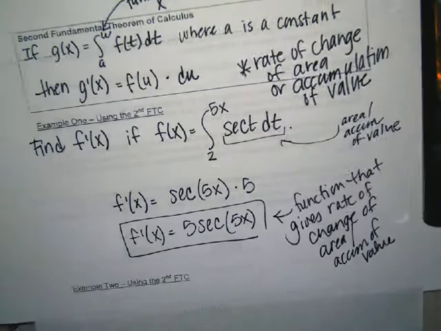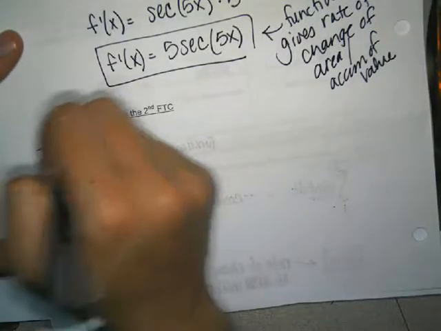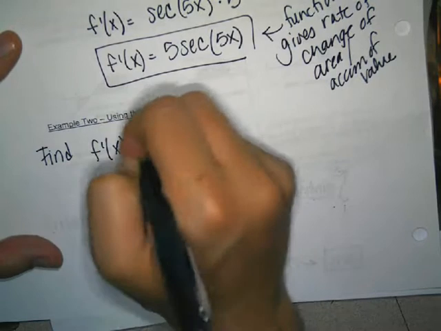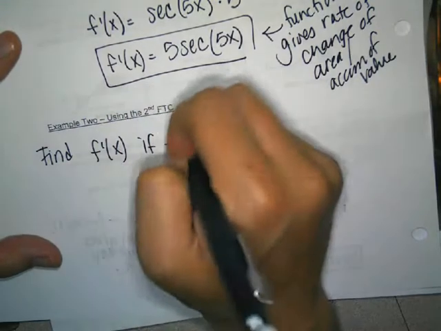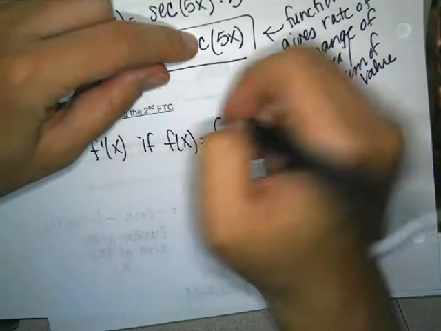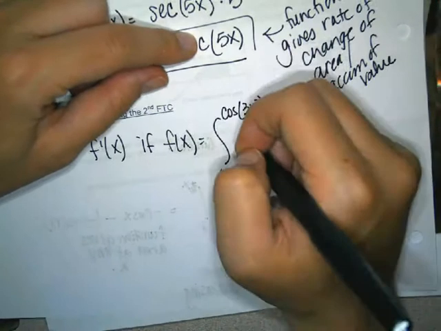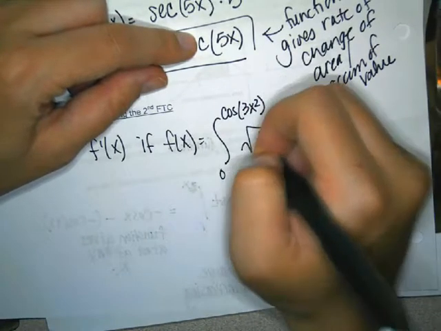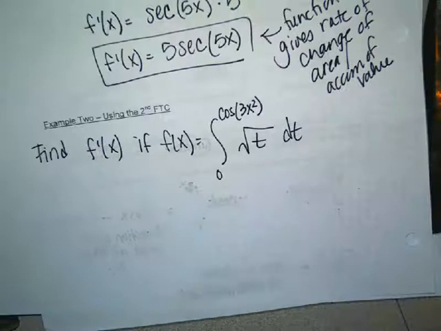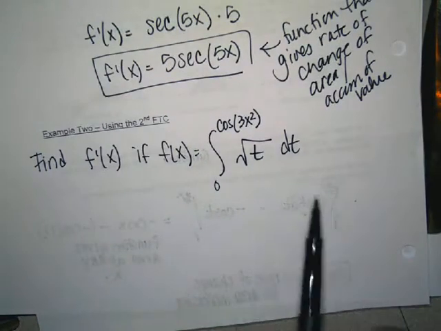Okay, example 2. Find f prime of x if f of x is the integral from 0 to cosine of 3x squared of square root of t dt. Okay, so I don't want you to integrate this by hand and then take the derivative.